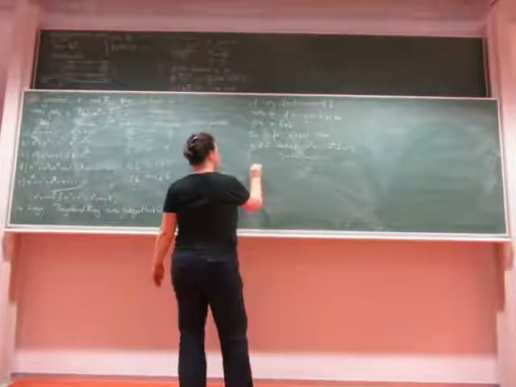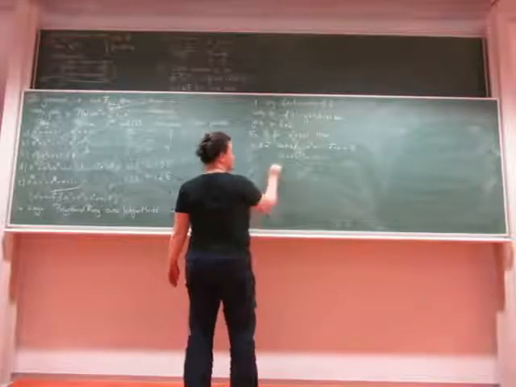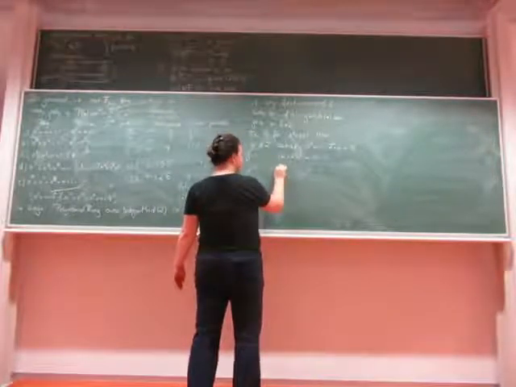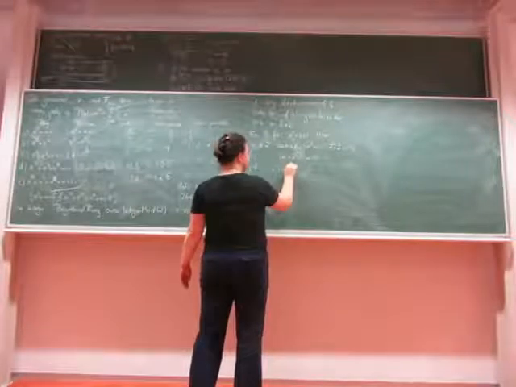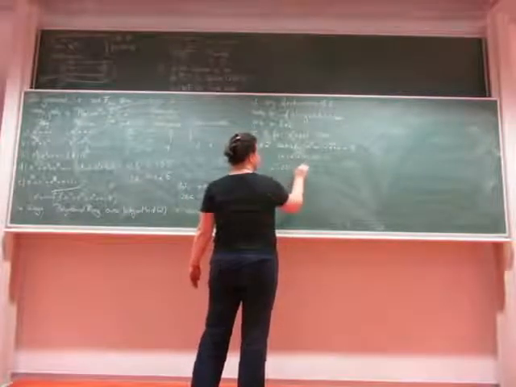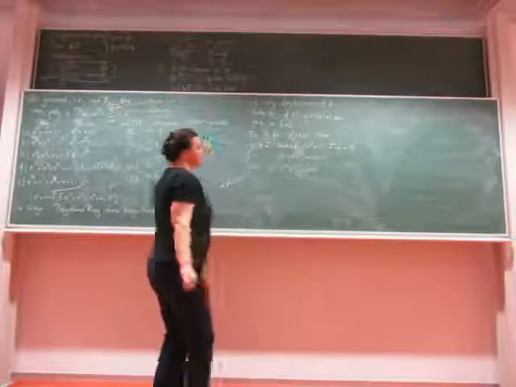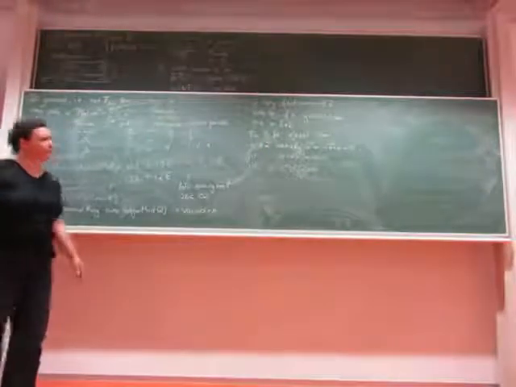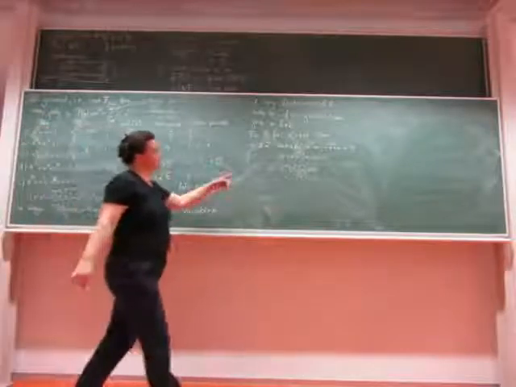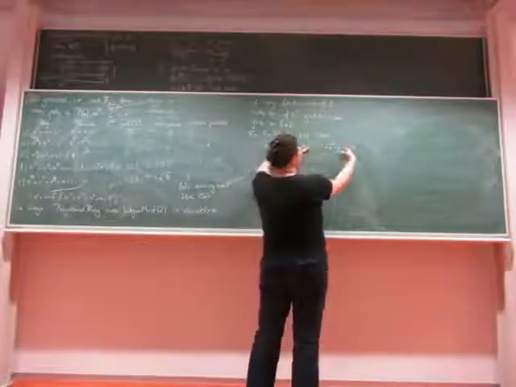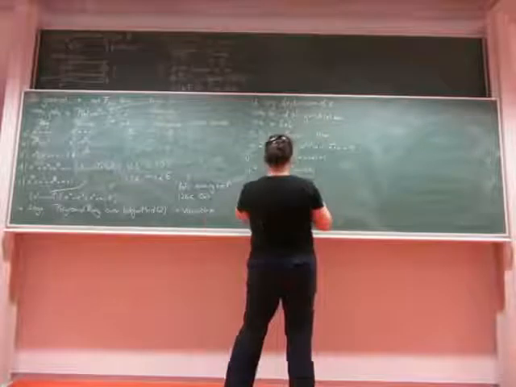Now j is 2. Now it gets more interesting. So alpha squared plus alpha bar squared divided by alpha plus alpha bar. Now I actually need to do some work. I plug in that alpha squared is the same as alpha plus 1.